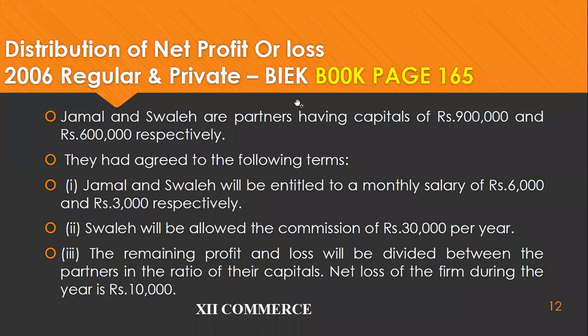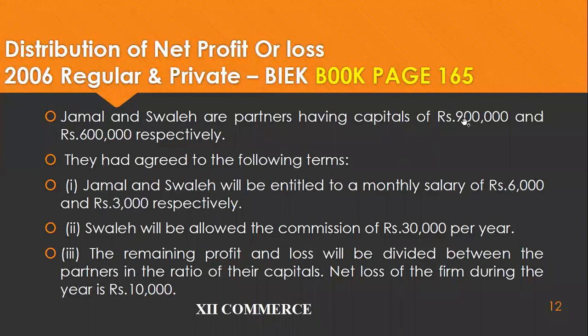Then in the end we have a condition. ठीक है, before we had some adjustments, now we have the condition. What I talked to you, we have to highlight the capitals, the beginning date, the closing date, and then we have to focus on the adjustments. Now I'm talking about the condition. The condition is the remaining profit and loss will be divided between the partners in the ratio of their capitals. अच्छा, we have to extract the capitals ratio.